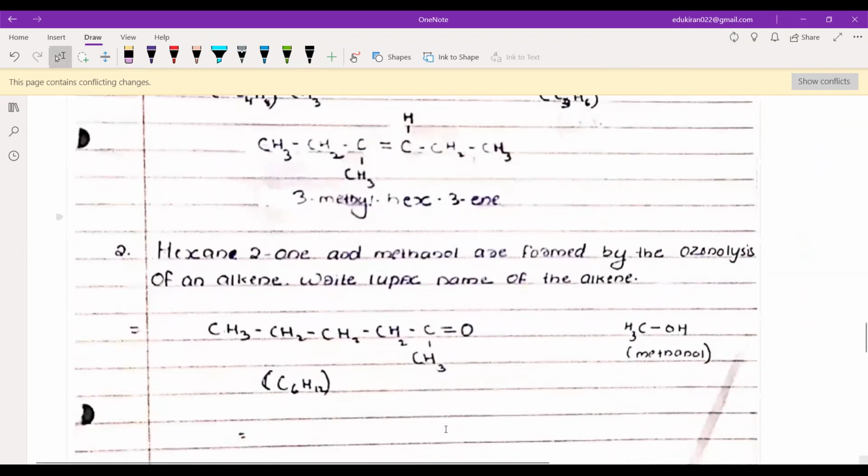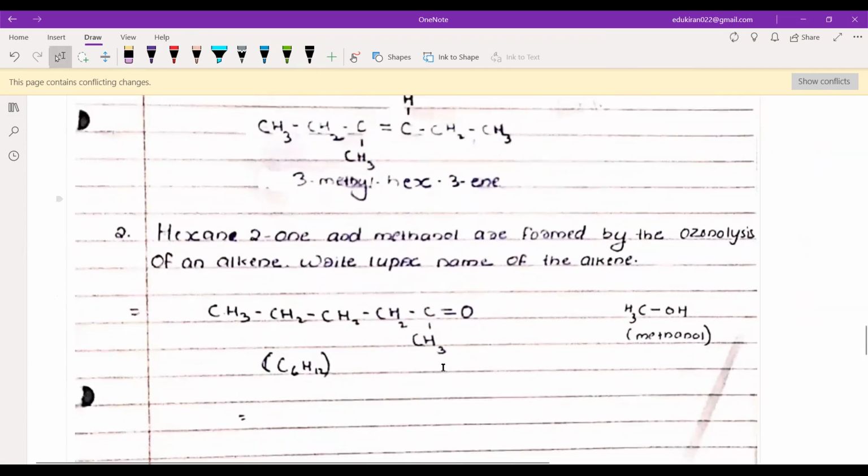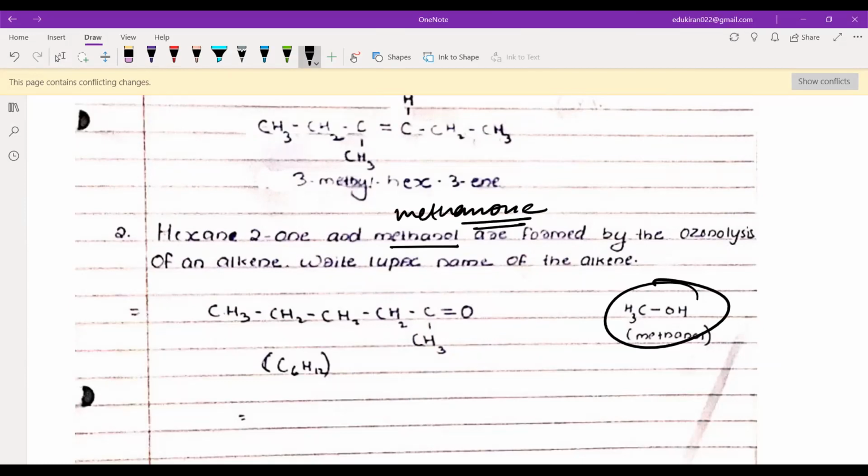Then we have methanol. What do we have? You wrote methanol. It will not be methanol. In question, it's like that. In question, it was methanol. That's not right. In question, it should be methanol. Okay. That's a printing mistake. Okay.